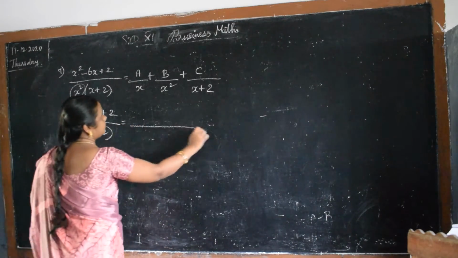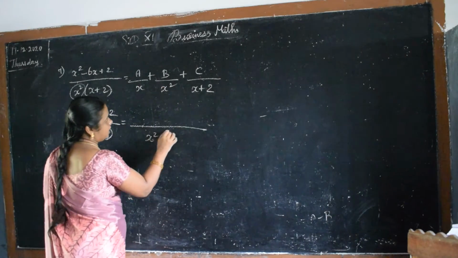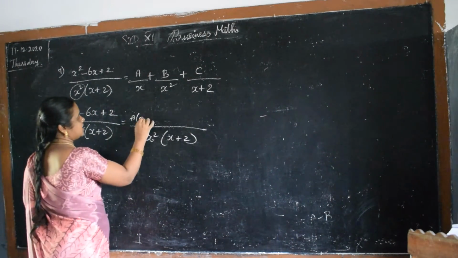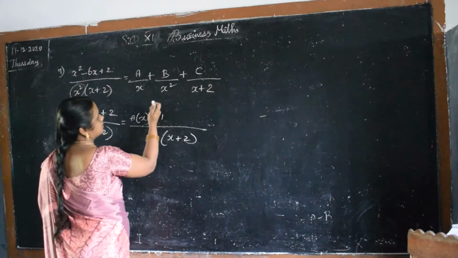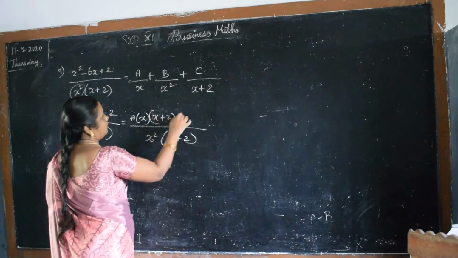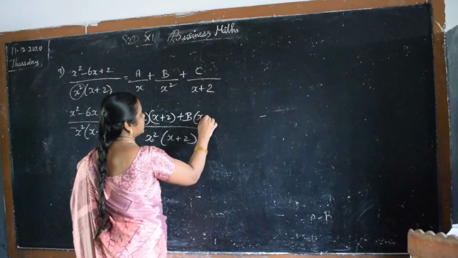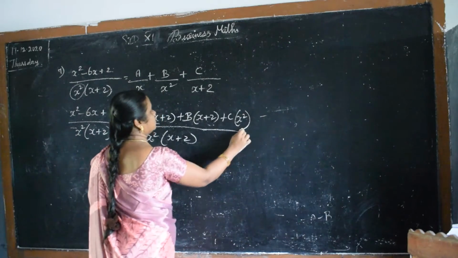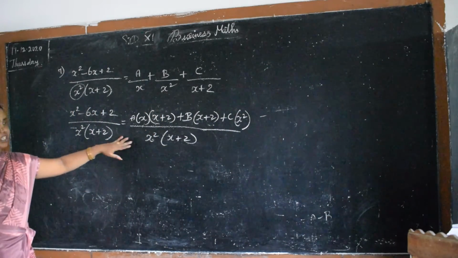Now take the LCM, take the highest power, x square, x plus 2. In our a into 1 x is missing, so x into this (x plus 2) you have to write, plus b into (x plus 2), plus c into x square. Okay, children, LCM taken.